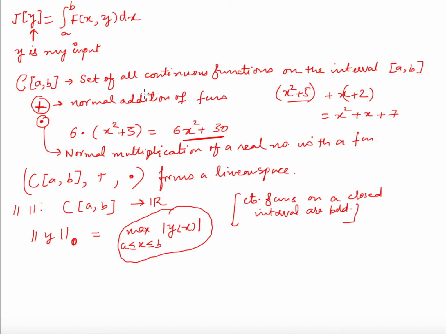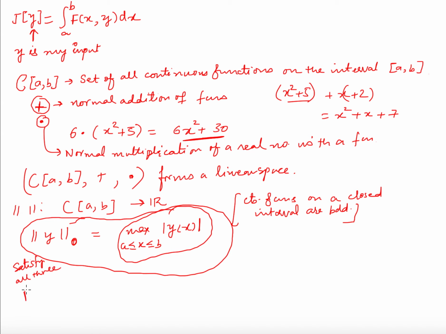So for sure, y is a continuous function and [a, b] is a closed interval, and we have this theorem that continuous functions on a closed interval are bounded. So we know that this bound actually exists. So we are not doing something which is superficial. Now you can check that this actually satisfies all three properties of the norm. This is an exercise for you.